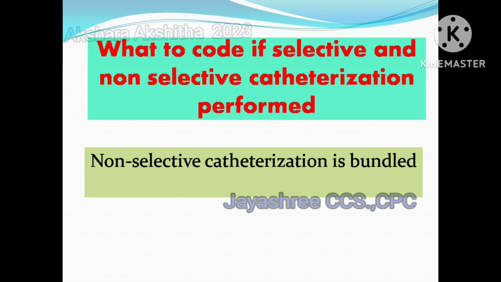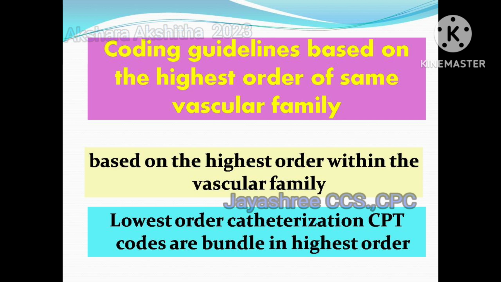So only the code for selective catheterization is assigned. Okay, so this is the first guideline. Next guideline is coding based on the highest order of the same vascular family.